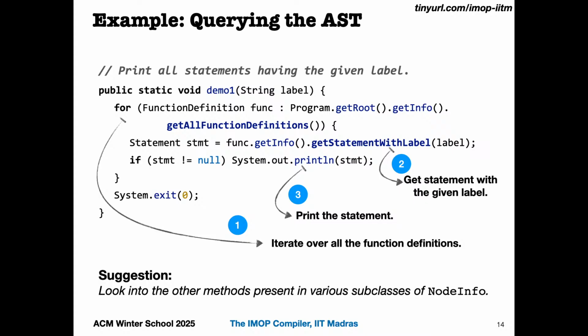In that function, I want to say statement function.getInfo, get statement with label. You fix a label name. With that label, how many statements can be there in a function? Each label is unique. So I will get a single statement. There are two possibilities. Statement is null, such a label doesn't exist. Statement is not null, such a statement exists. Print.